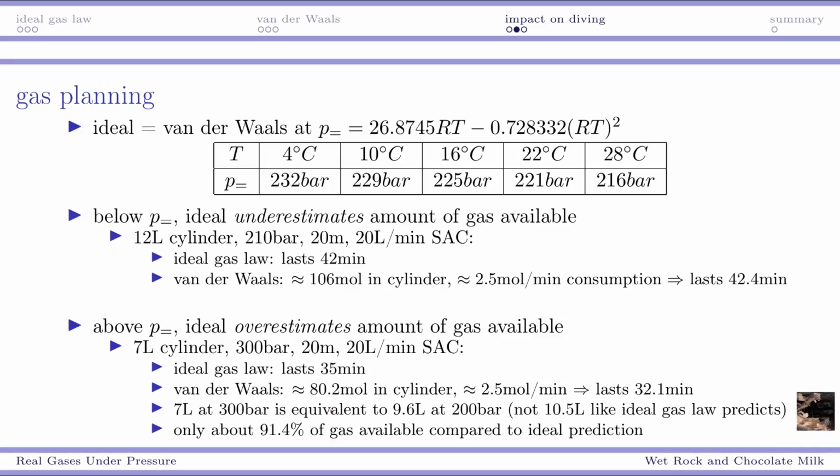So, what does that mean in relatable terms? Well, if we take our 7 liter at 300 bar and we convert it to a 200 bar cylinder, how big would that cylinder be so that it has the same amount of gas? Well, using van der Waals, it is a 9.6 liter cylinder.